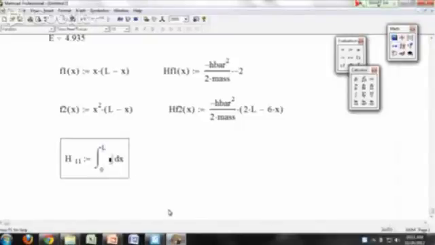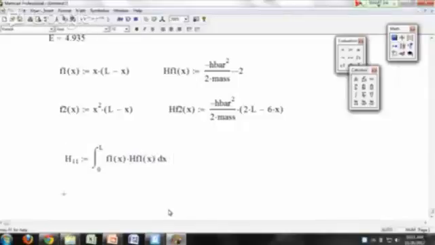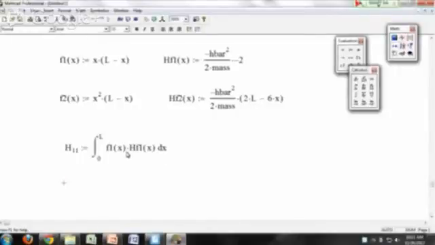Okay, what goes in my integrand here? f1 of x, right? Times hf1 of x. We're just assuming everything's real, so we're not even going to bother with the complex conjugate, okay?